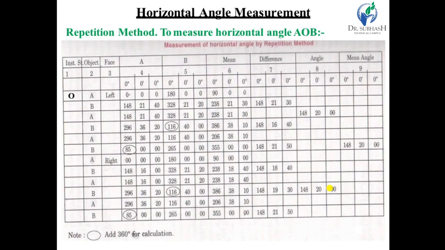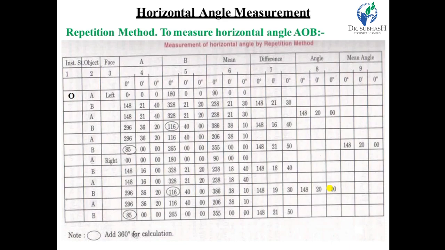After changing the face, we repeat this procedure 3 times and get the readings of different angles. Now see the table of the repetition method. In the table, first we take the repeated angles, 0 to 148 on vernier A. After that, we repeat the method and get the second reading, 296, and after another repetition, we get 85.